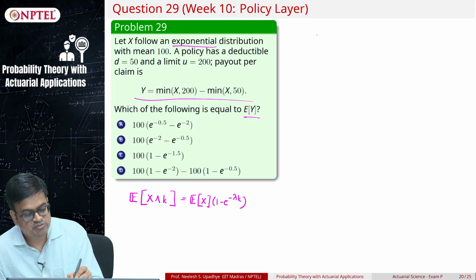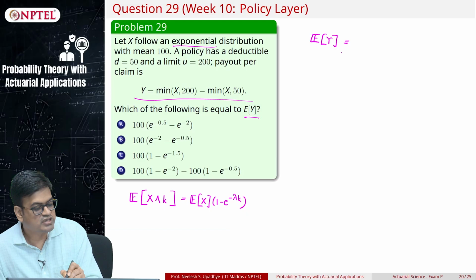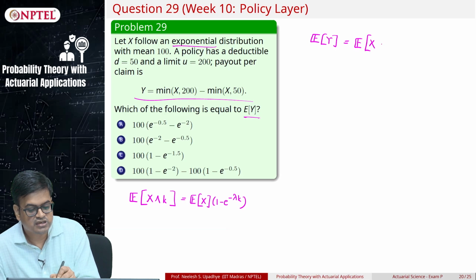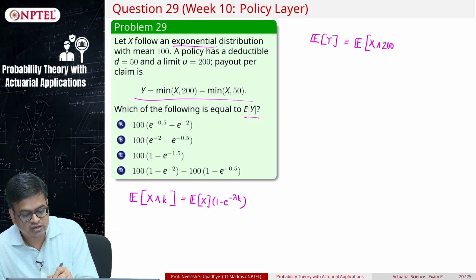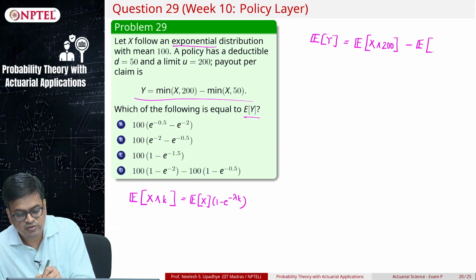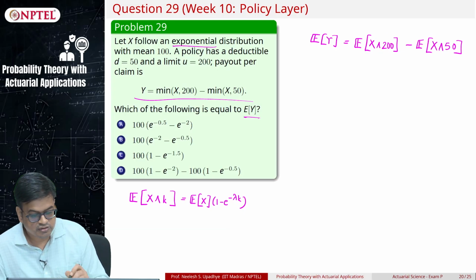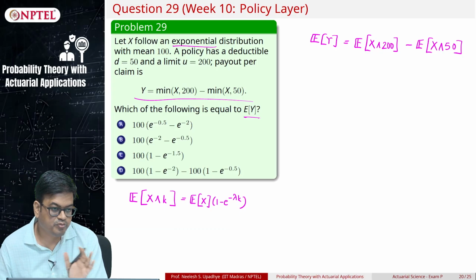So, what is it? Expected value of Y, because expectation is a linear operator, is effectively expected value of X hat u, which is 200, so hat 200, minus expected value of X hat d, which is hat 50. Okay, sorry, this is u and this is d. Okay, so this is given to you, perfect.